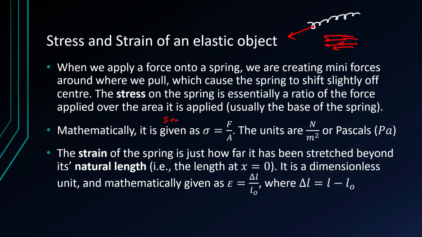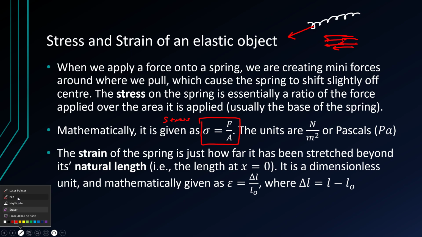So this is stress, and it's this formula here: sigma is F divided by A, although I should actually say that it's the sum of the vector forces. The units are newtons per meter squared, sometimes called a Pascal.